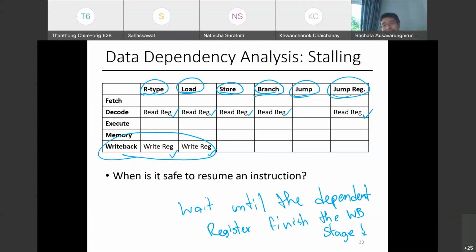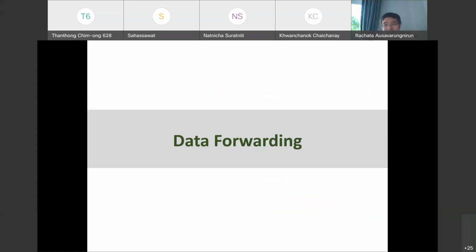The next thing is called data forwarding. Data forwarding is, hey, let's be aggressive here. As I said, if I have an ALU operation, when's the earliest I know the result?